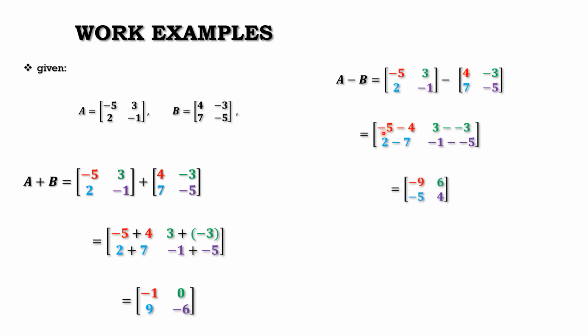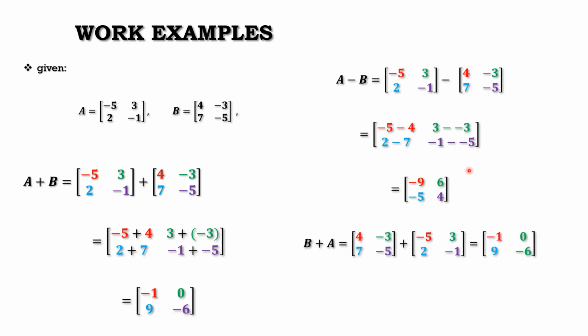In this case, we are going to get -9 as the result for the first element. We have 6 as the result for the next element in the first row, second column. We have -5 as the result for the next element in the second row, first column, and 4 as the result from -1 minus -5.